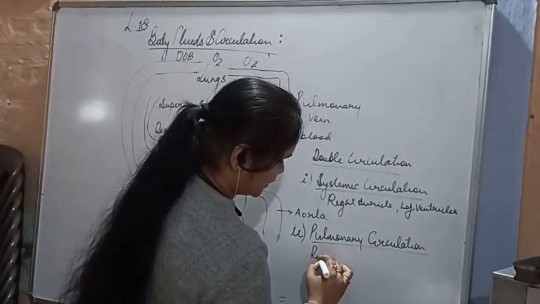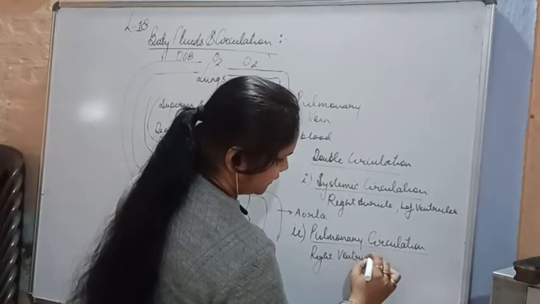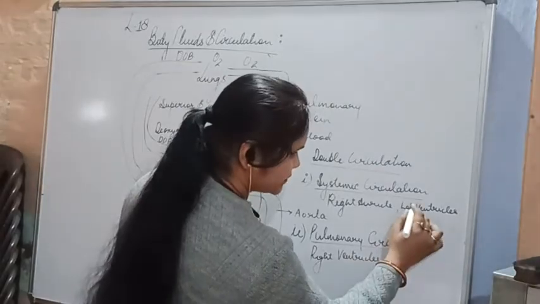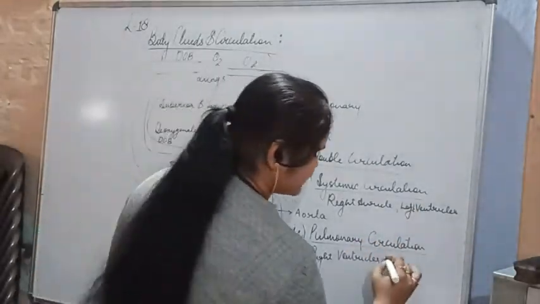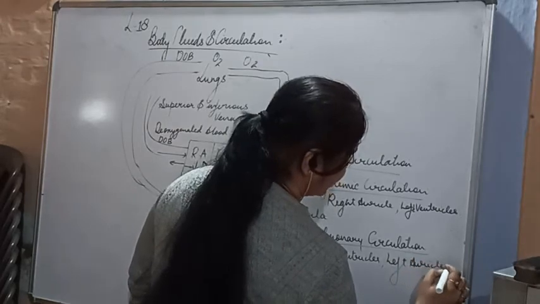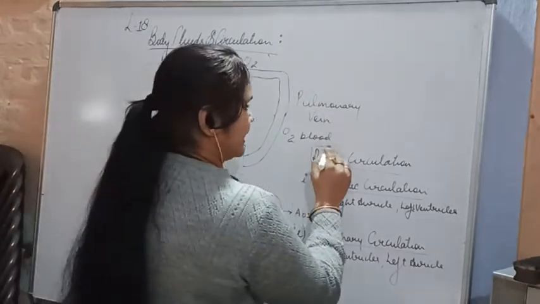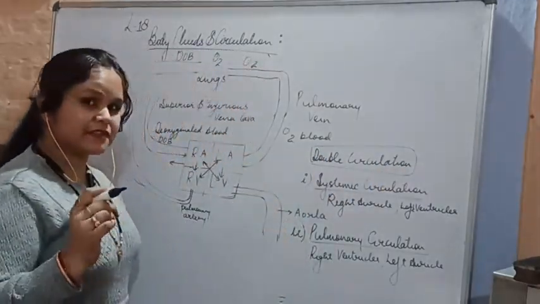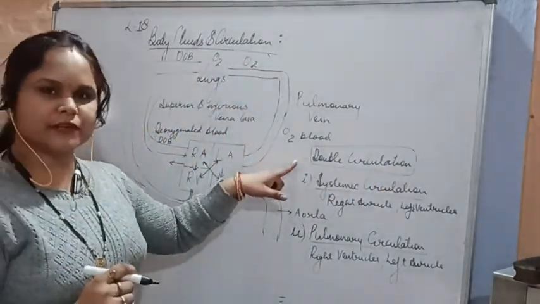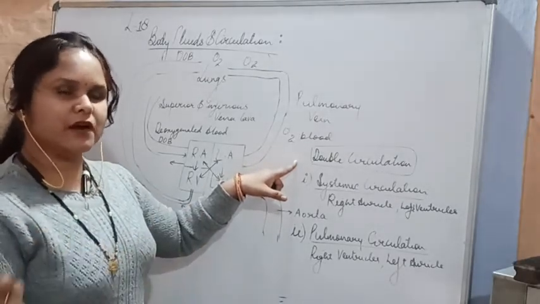Pulmonary involves the right ventricle, followed by the left auricle. So here it is your double circulation. So double circulation, when the blood enters the heart twice, it is called double circulation. One, deoxygenated, second time it is oxygenated.